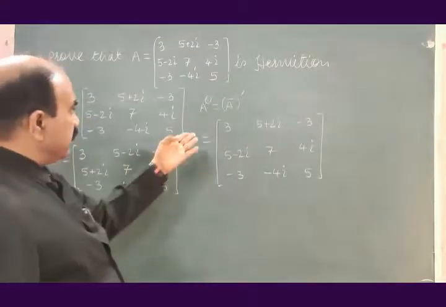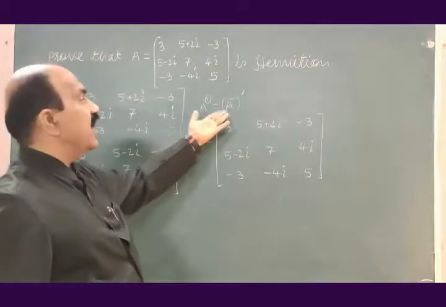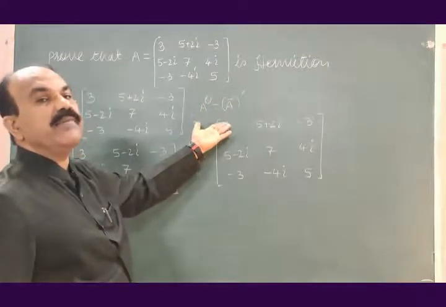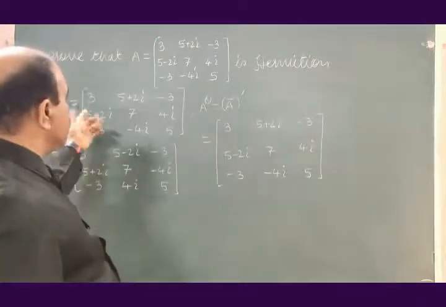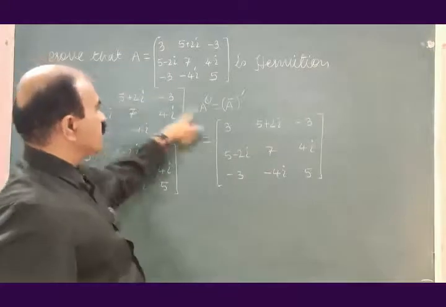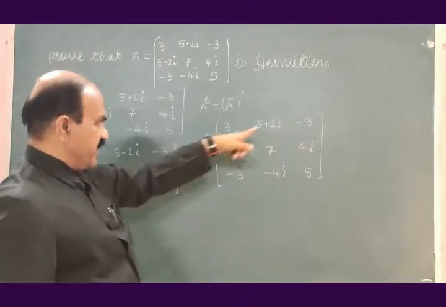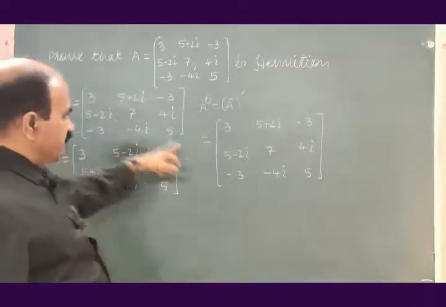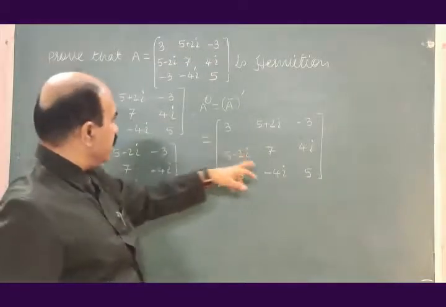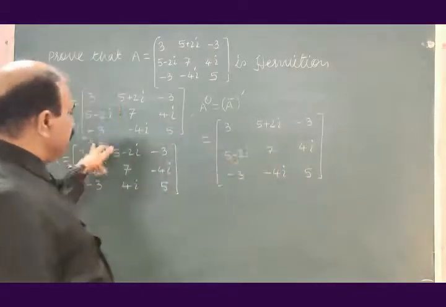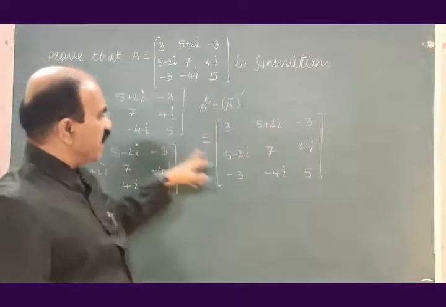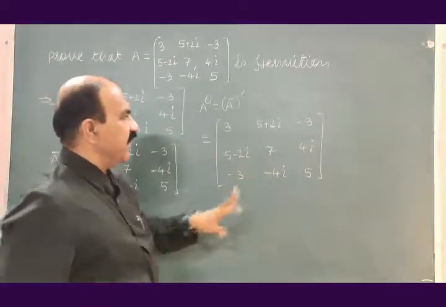Now let us compare matrix A theta, or transpose of matrix A bar, with the given matrix: 3, 5 plus 2i, minus 3, 5 minus 2i, 7, 4i, minus 3, minus 4i, 5.